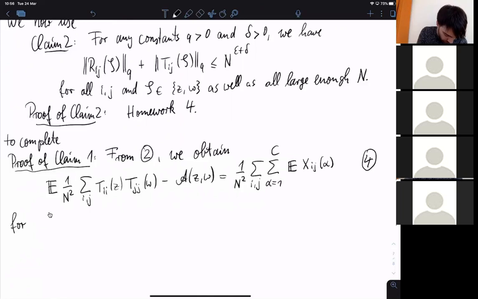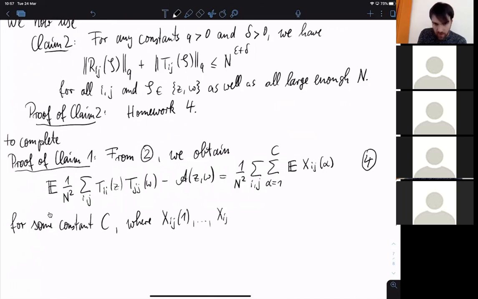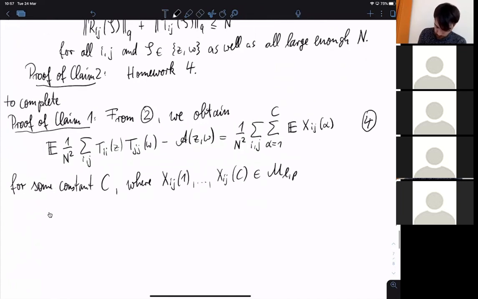So c is a constant here, and the x's look as follows, where xij 1 up to c lie in a set M, which I define now. So M are monomials, and they're monomials in all of these entries of T's and R's that we had before.